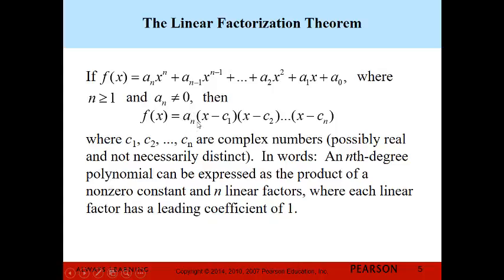Notice the constant monomial factor here is a sub n, the leading coefficient of the polynomial. And then that will be multiplied by n linear factors. And notice each linear factor has a leading coefficient of 1.